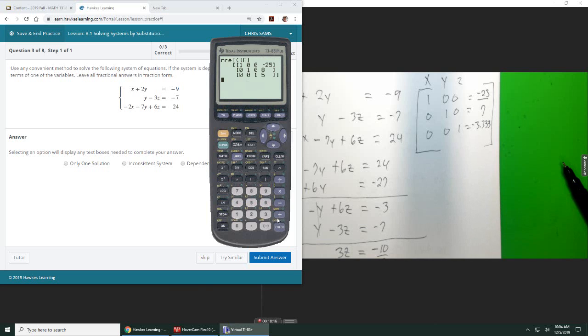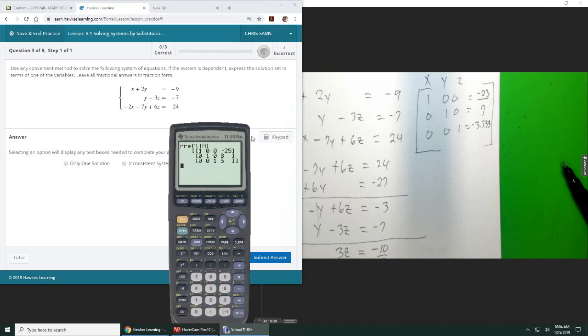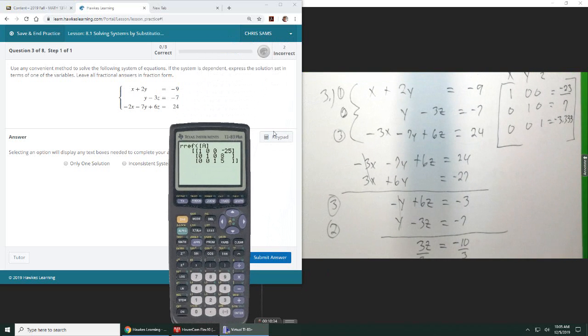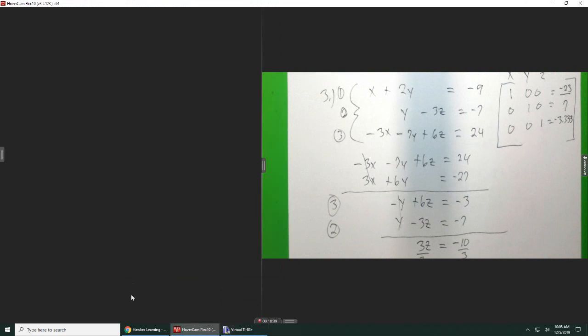Okay, so I have made some error somewhere because the numbers that they're showing me are different. We got -25, 8, and 5. So let's go back. Let me see if I can find out where the mistake occurred.